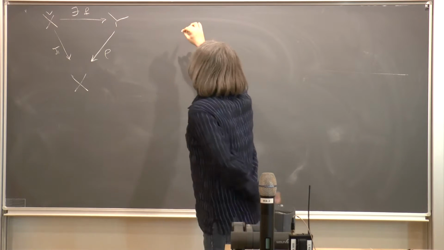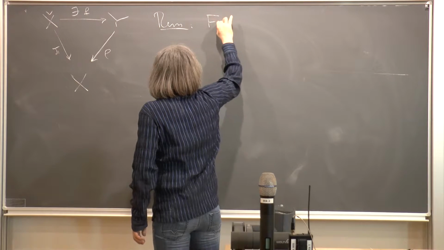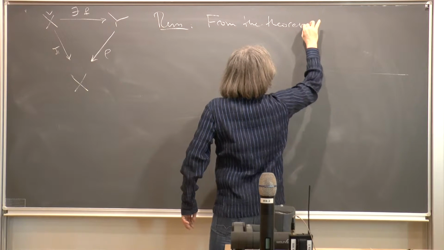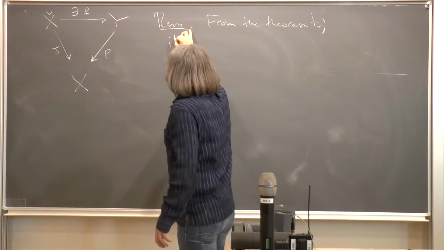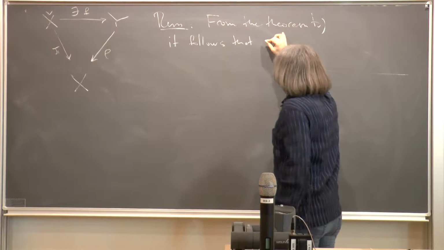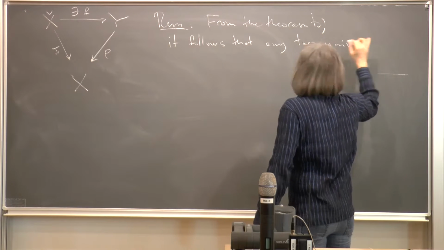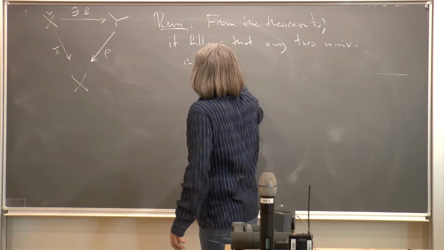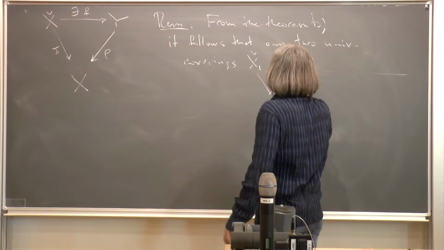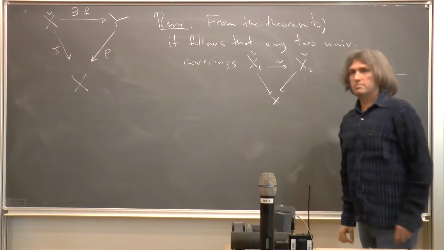from this it follows that, so remark, from theorem B, it follows that any two universal coverings, say x tilde 1 of x and x tilde 2 of x, are actually homeomorphic.